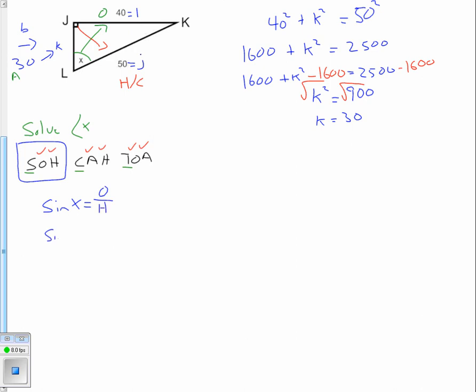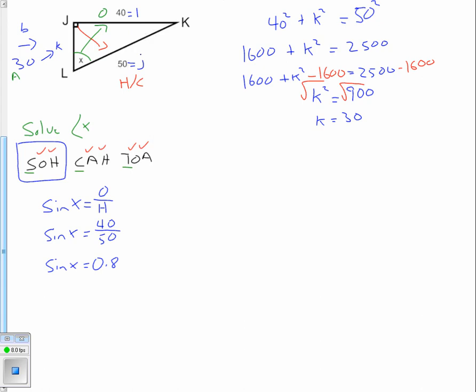So sine of x is equal to my opposite side, 40, over my hypotenuse, which is 50 units. So sine of x is equal to 0.8, because 40 divided by 50 is 0.8.